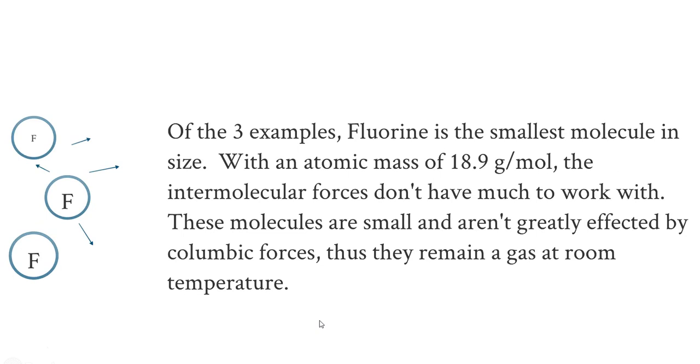Alright, as an example, fluorine has the smallest molecular size. And it's really molecular size that's the biggest thing here. Atomic mass isn't so much the biggest thing here for why it's evaporating. It really has more to do with the size of the molecules.